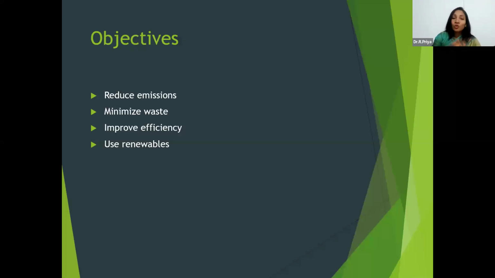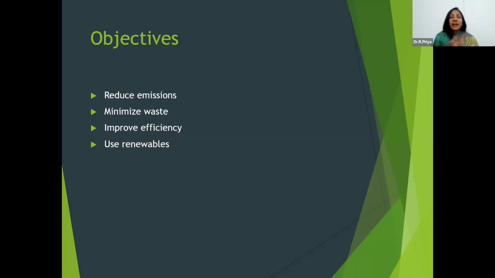We can use less energy, less material, and minimize time, to produce the same or better quality output. So efficient machines, automation, and lean manufacturing play a major role.